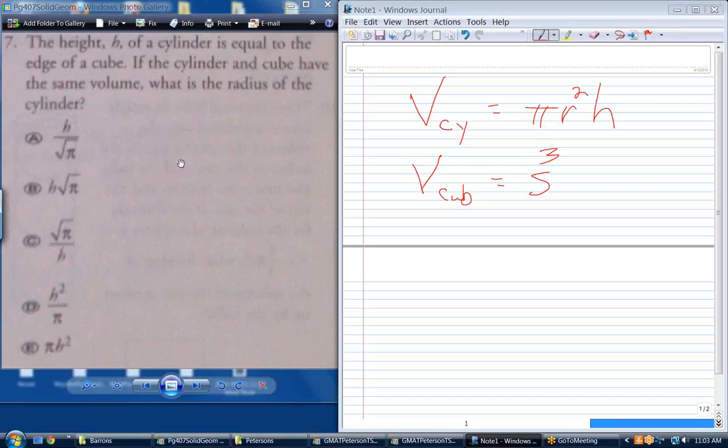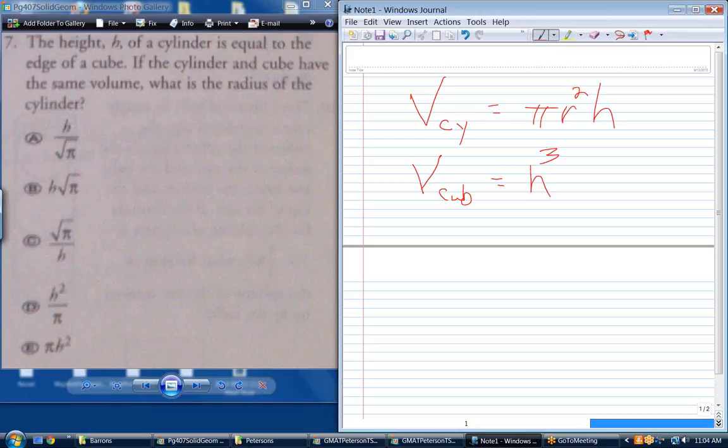So, what does the first sentence say? That the height of the cylinder is equal to the edge of the cube. So the edge is the same as the height. Right, so let me replace that with h cubed.